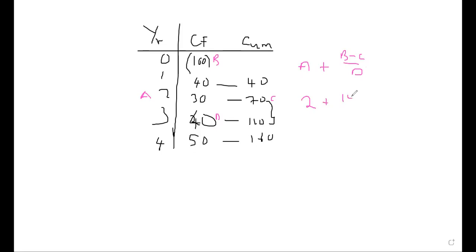My B is 100. My C is 70. And my D is 40. So the payback period will be 2 plus 30 over 40. So this will be 2.75 years. That's how I quickly calculate it. You get it?